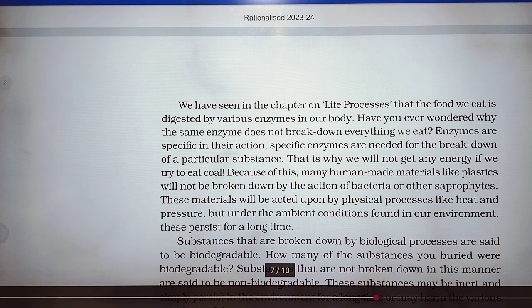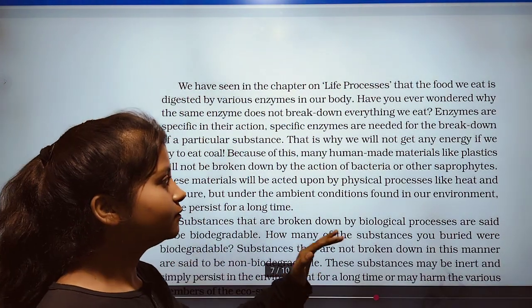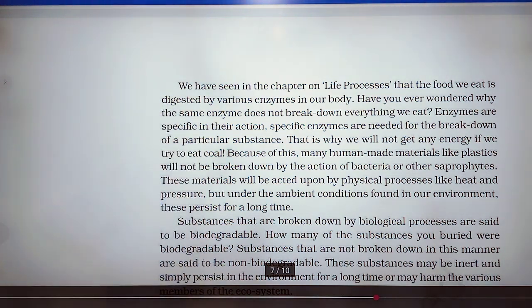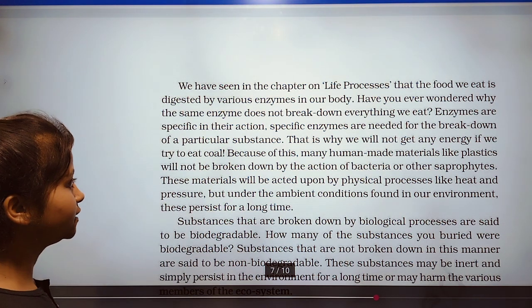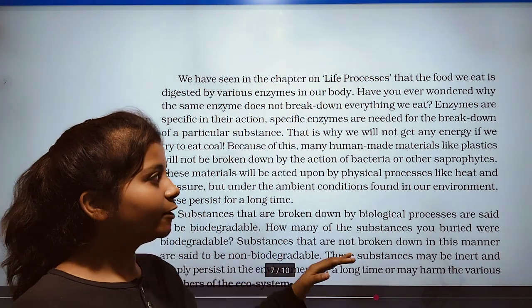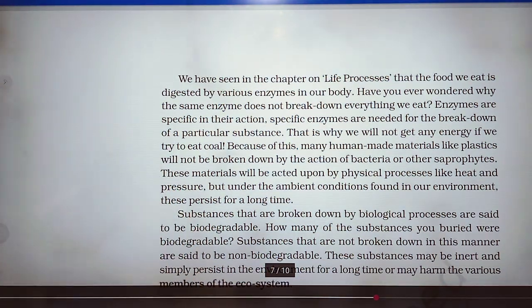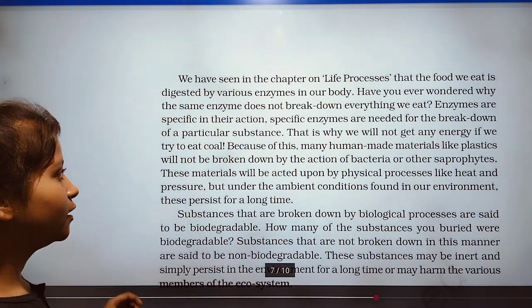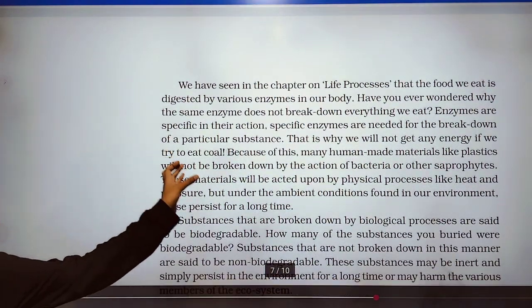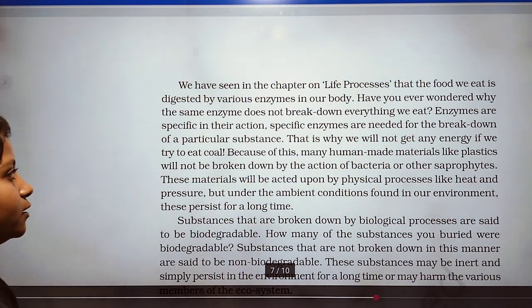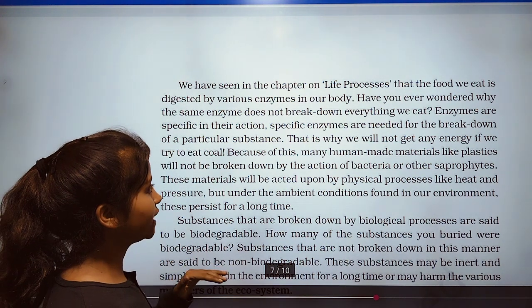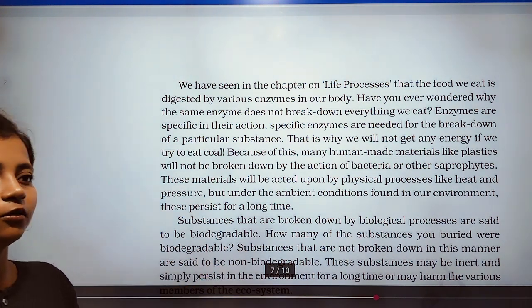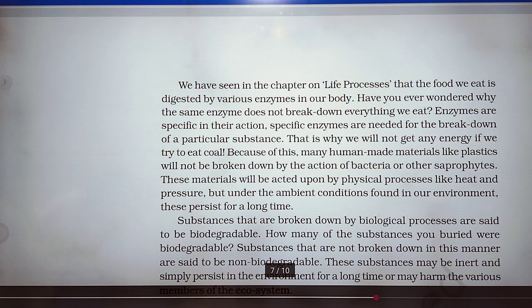In our body we have different enzymes for particular substances, but still if we eat coal we cannot get energy. Coal is not digested by enzymes.